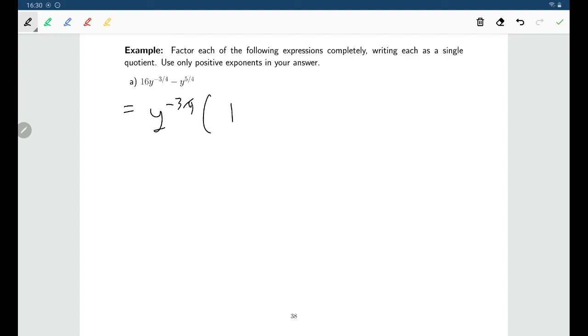And when I'm trying to figure out what's left behind, that would be done by subtracting. So the y to the negative 3/4 minus negative 3/4. Y to the 5/4 minus 3/4.